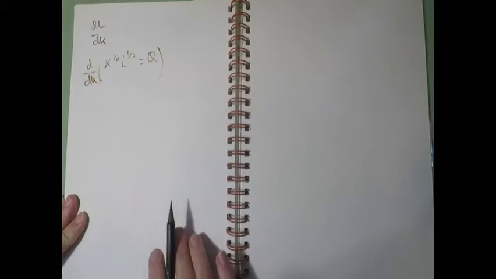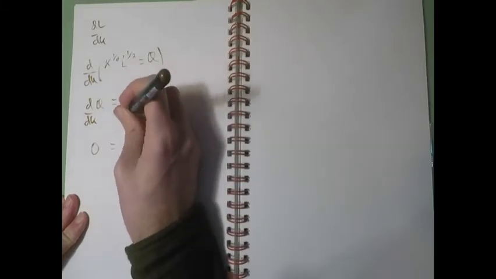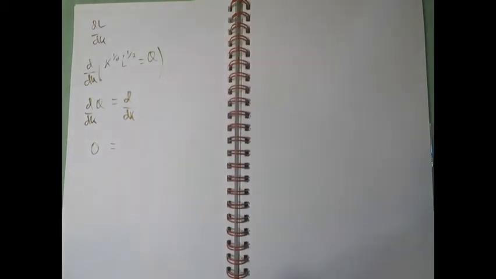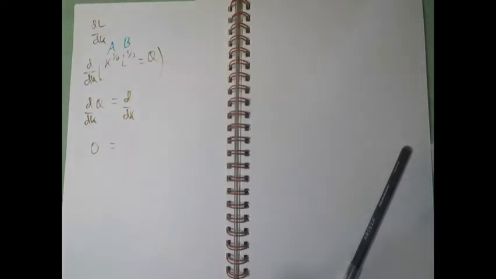So square root of k, that's k to the 1/2, times L to the 1/2, equals some constant q. So what happens when we take d/dk of the whole thing without rearranging? So we're going to have d/dk, I'm going to switch the order, dq, right, which we know is going to be 0, is equal to d/dk of our two terms. And even though this is relatively easy, I'm just going to put in some names here, right?